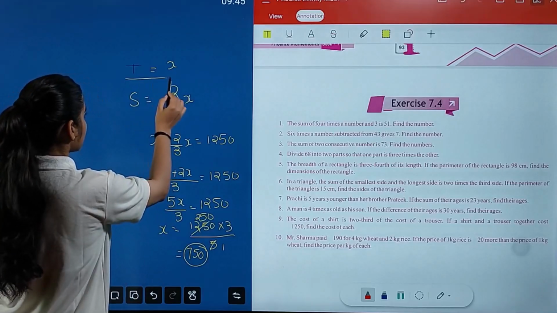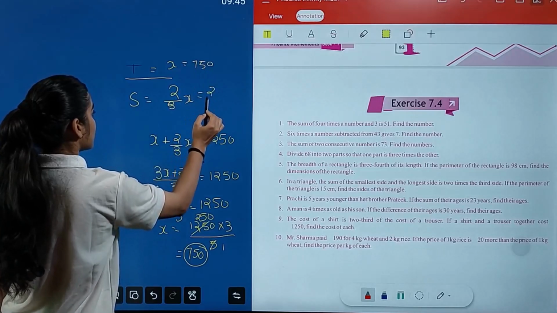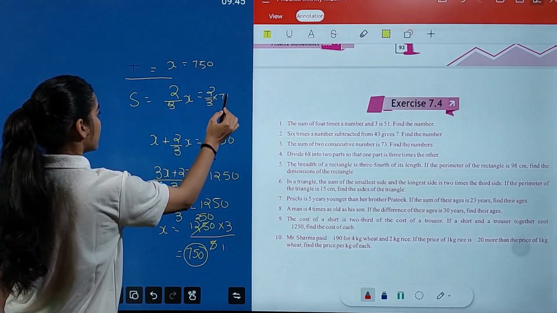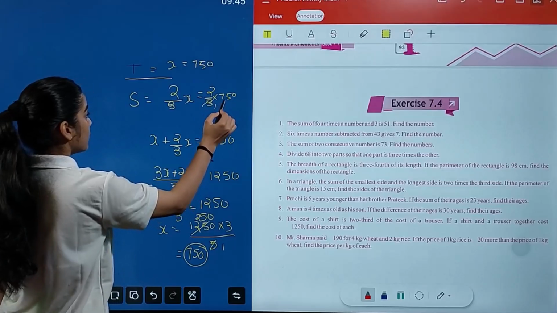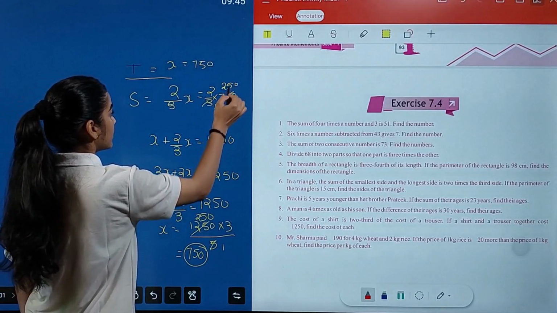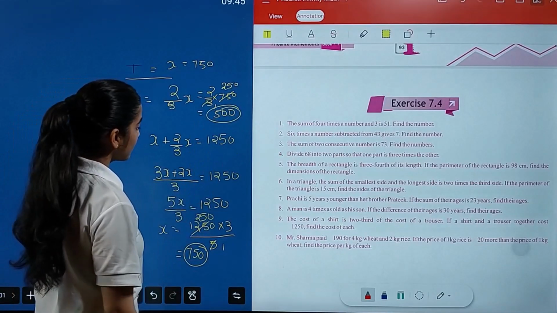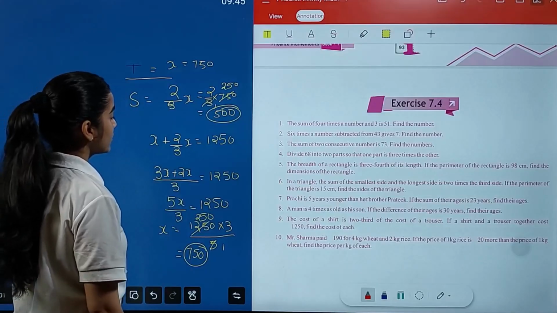So the trouser price is 750 and the shirt price is 2 by 3 multiplied by 750, that is 500. 500 and 750 add up to 1250.